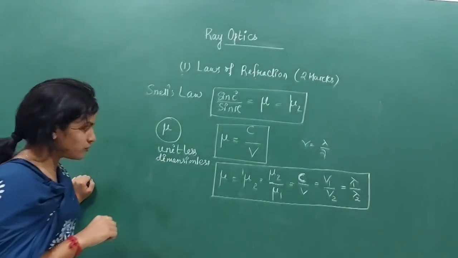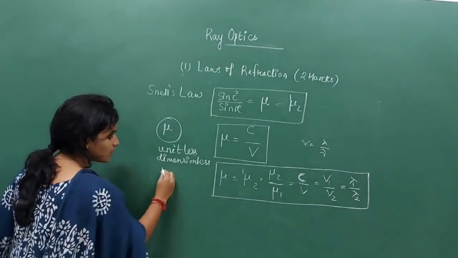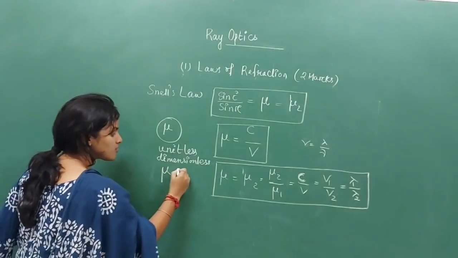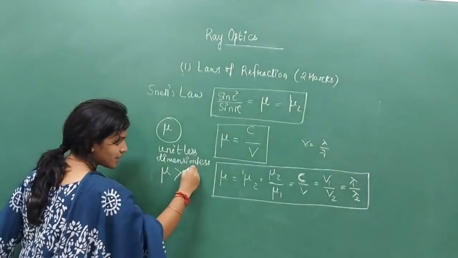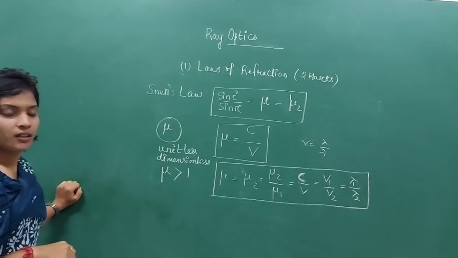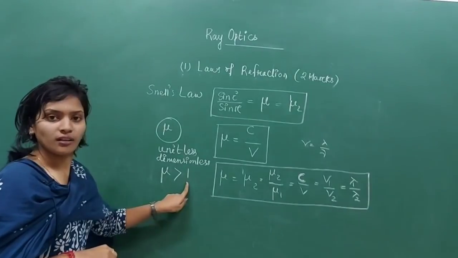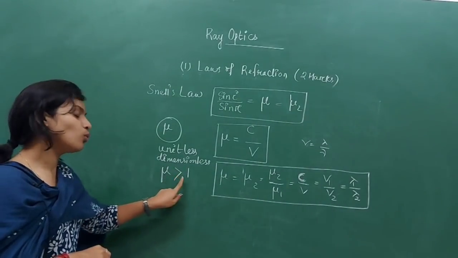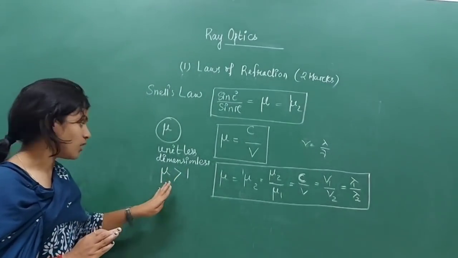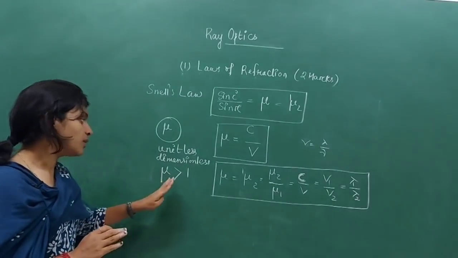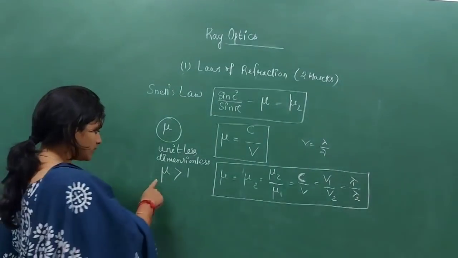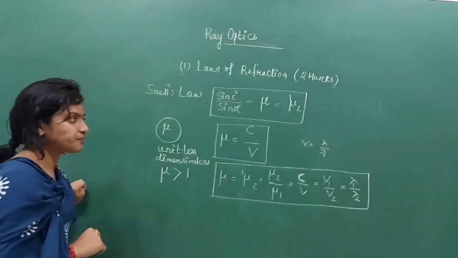This is also a 1 mark question. Next, mu should not be less than 1. The refractive index of a medium is always greater than or equal to 1. It can never be less than 1. This is also a 1 mark question.